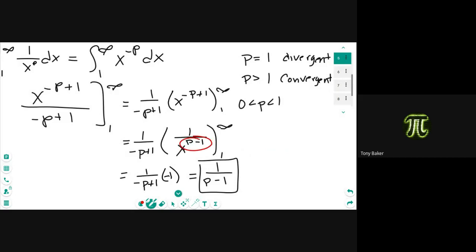If that was less than 0, what happens to that fraction? It's now no longer a fraction, right? So that would not go to 0 anymore. That would go to infinity, correct? So that is also divergent.